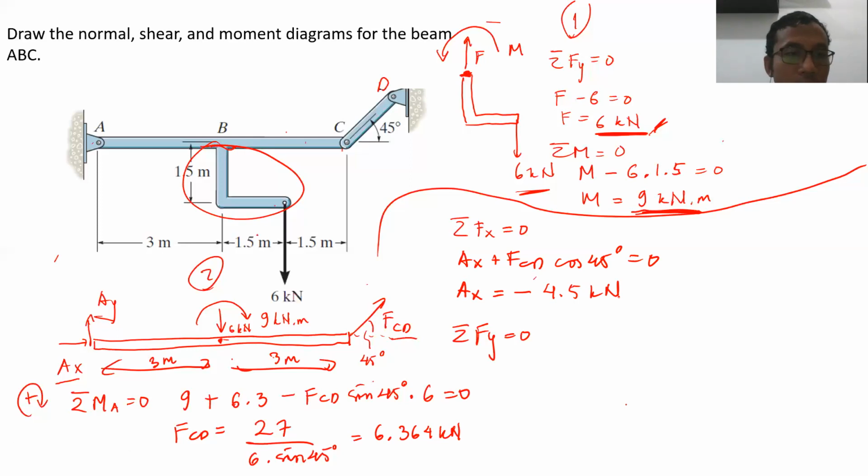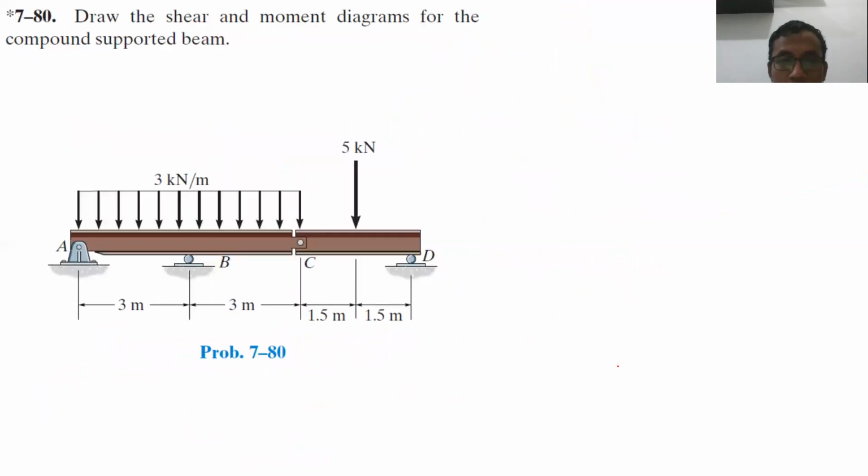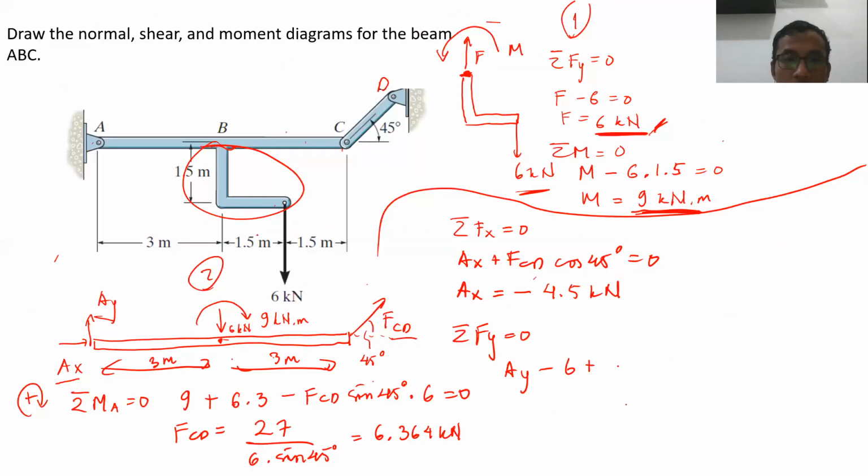That's Ax. Using sigma Fy equal to 0, going up is positive. What will I get? Ay minus 6 kilonewton plus FCD multiplied by cos 45 degrees equal to 0.